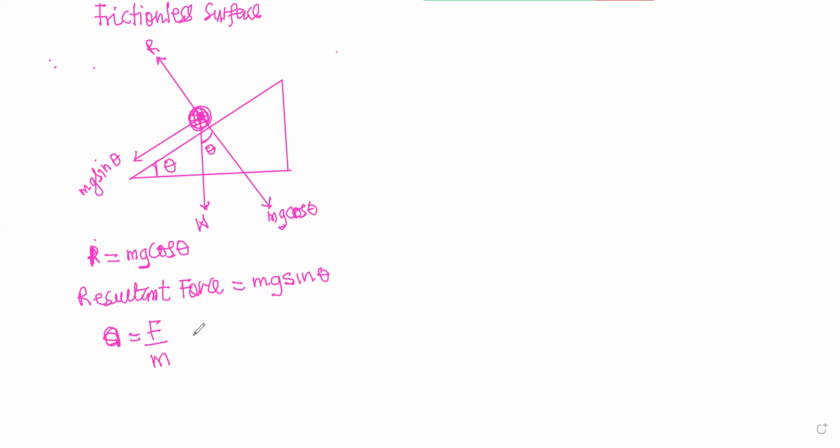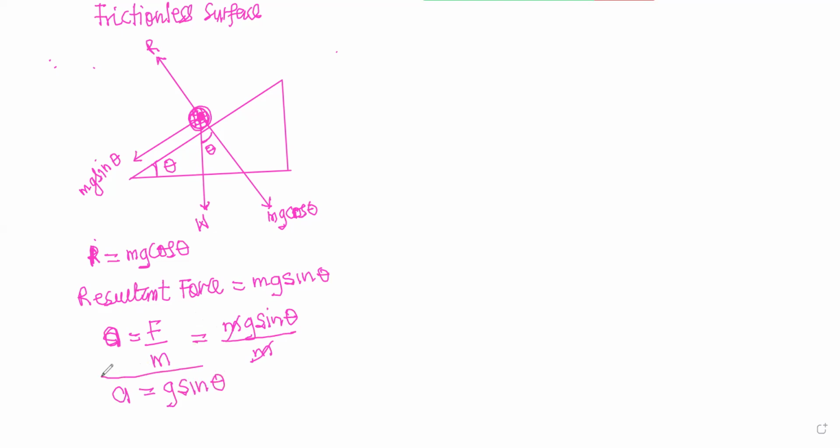Okay, so the acceleration of the body down the inclined plane will be equal to the resultant force mg sine theta divided by the mass. Mass will cancel out, and so the acceleration is given by g sine theta.